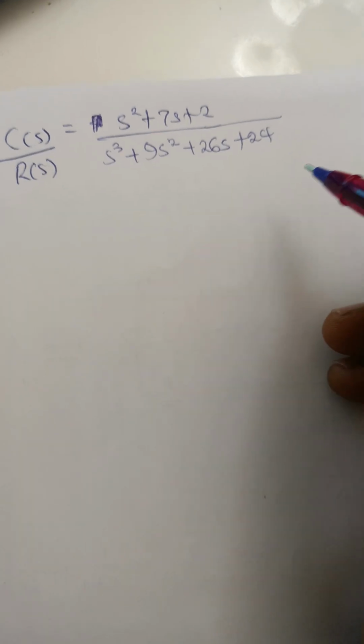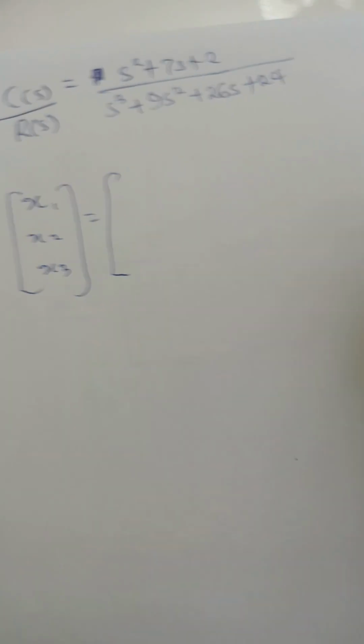So okay, brother. In the case of this one, we want to do controller canonical form. What we'll do is represent this in state space like x1, x2, x3, the way it is in the normal state space equation.